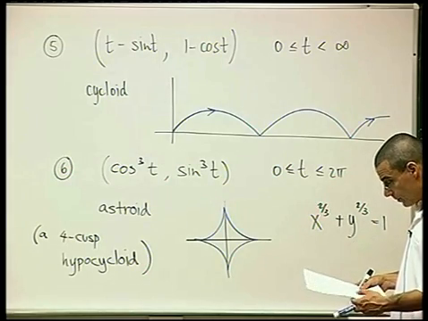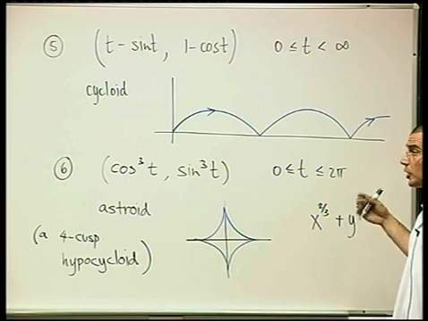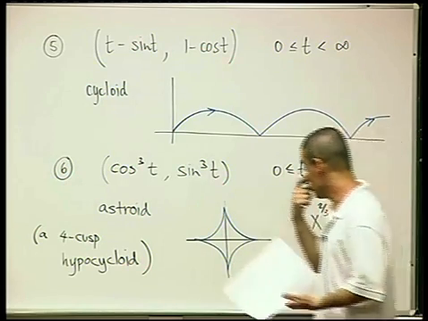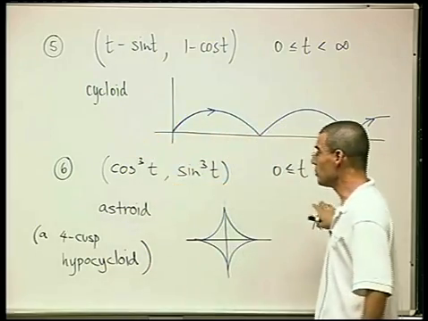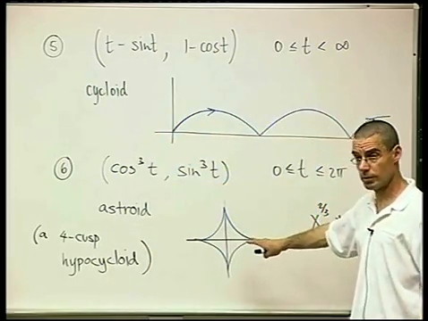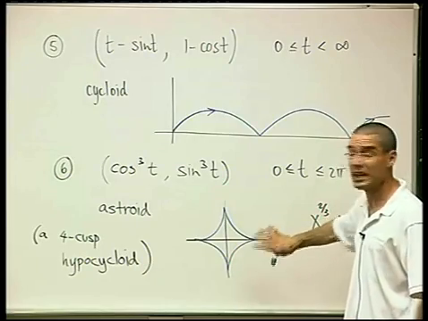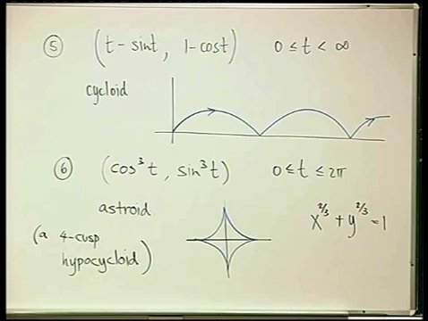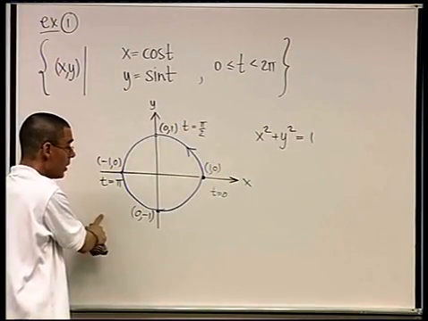Okay. I want to show you an example of a curve in three-dimensional space. So all the examples we had so far were two-dimensional, were planar curves, right? I want to show you an example of a three-dimensional curve, and it's going to be a form of a generalization of this circle that you see here, okay?